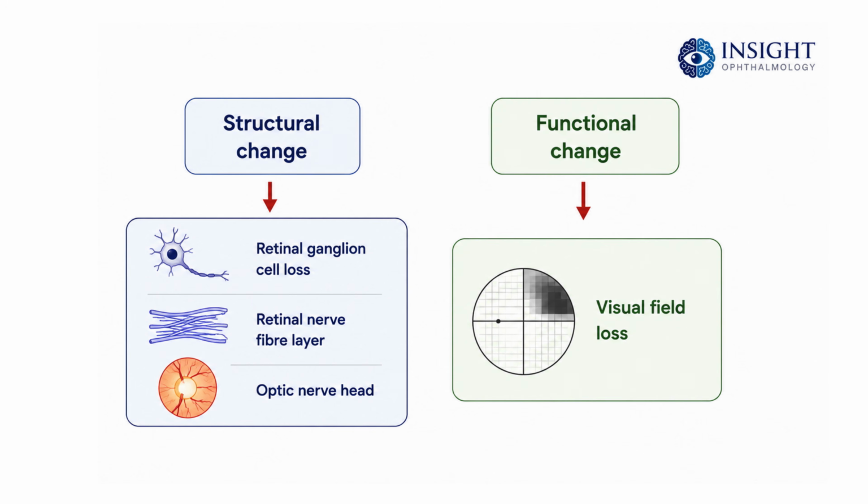Functional change occurs because the retinal ganglion cells carry information from the retina to the brain, and when enough of these cells and axons are lost, visual function can be affected and corresponding visual field defects may become detectable. So, glaucoma has both structural as well as functional consequences.